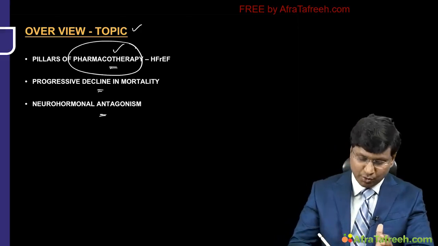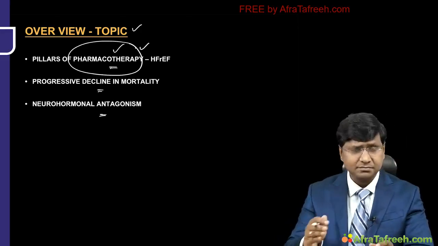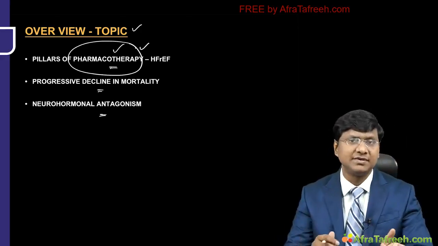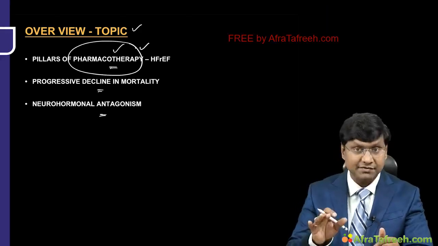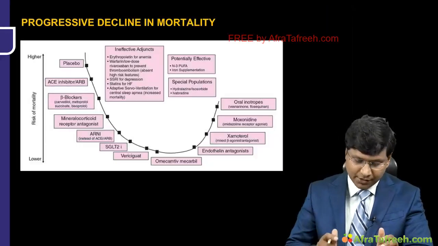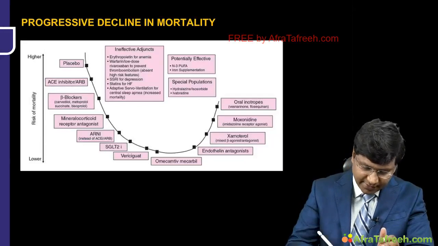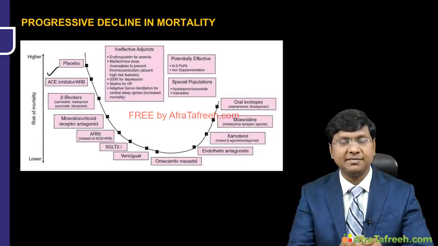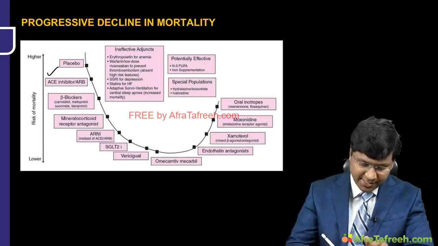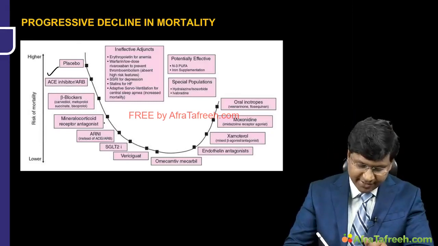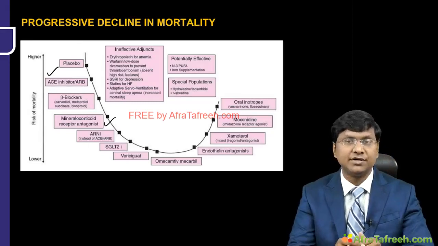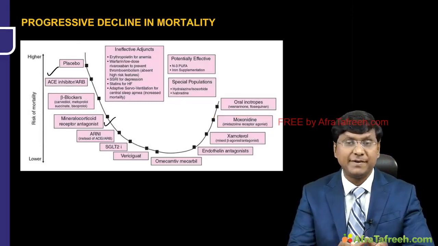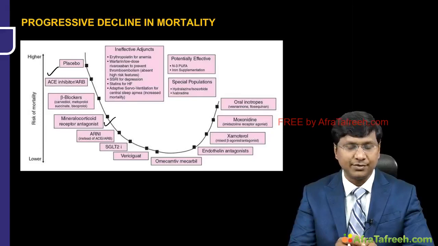And what are the various drugs that we will be discussing in this? Let me just give you a basic idea. The drugs I'll be discussing in this session are the neurohormonal antagonists, that is ACE inhibitors, angiotensin receptor blockers, as well as the mineralocorticoid receptor antagonists, that is aldosterone receptor antagonists, spironolactone and eplerenone.